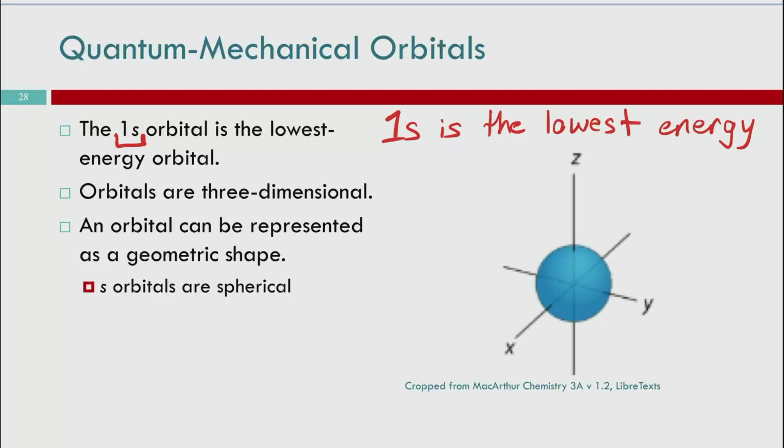It has the combination of having the smallest number for its principal quantum number of 1, so it's our smallest n value possible, and it's also the s shape. s is the lowest energy shape, or it's the first shape at least.